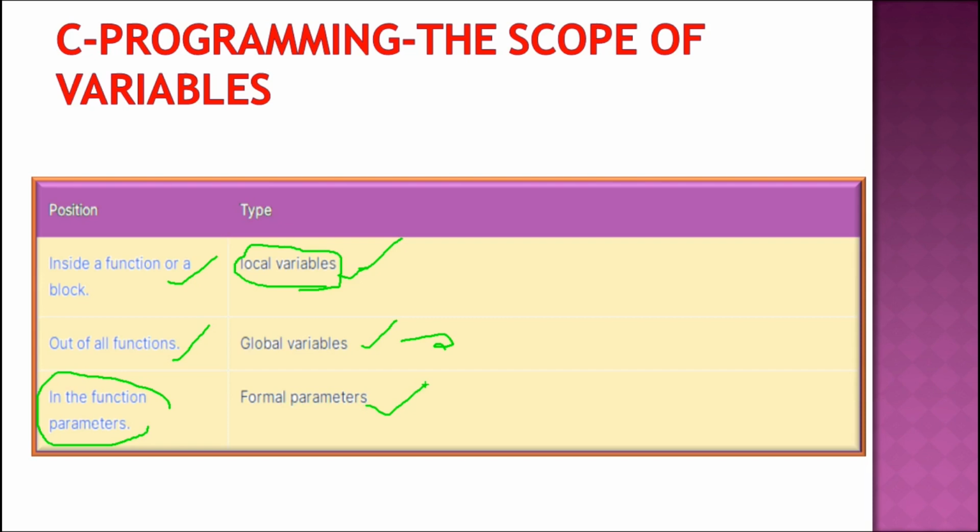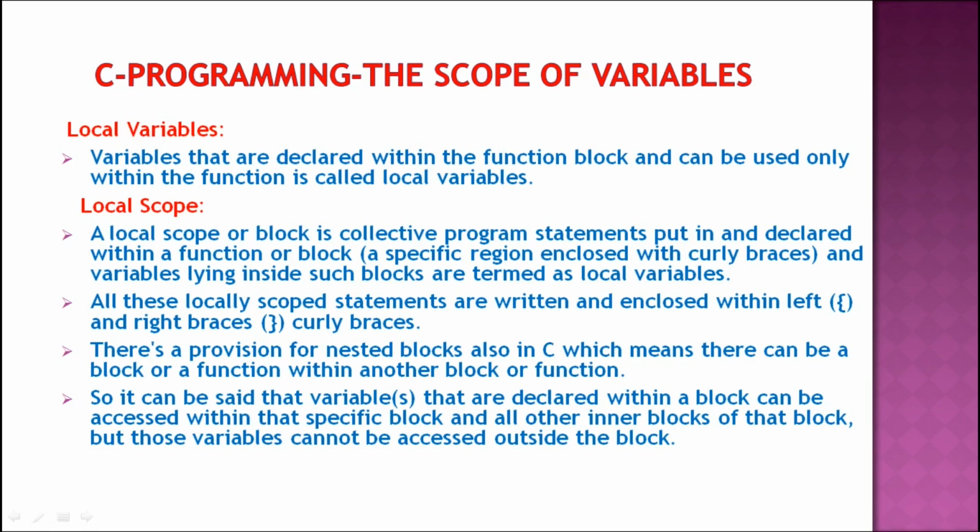Let us see how it works, and see the local variable. Here we have the local variables definition. A variable that is declared within the function block and can be used only within the function is called a local variable. A local scope or a block is a collection of program statements put in or declared within a function or block.